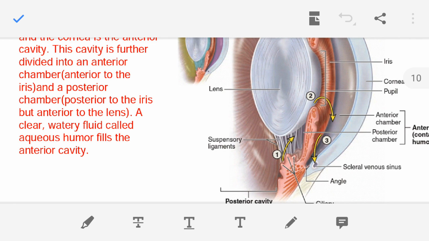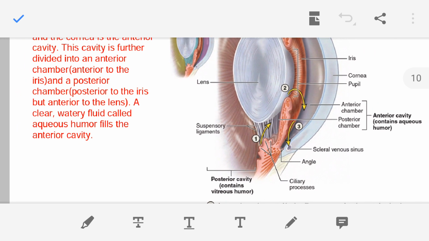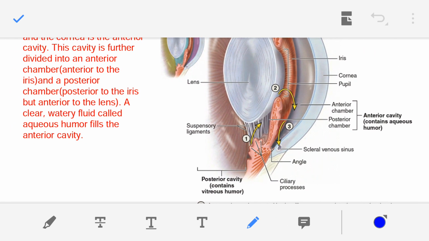Now what is there in the anterior cavity? What is this anterior cavity filled with? The anterior cavity is filled with a clear watery fluid, which is present in the anterior and posterior chambers. This fluid is known as aqueous humor.